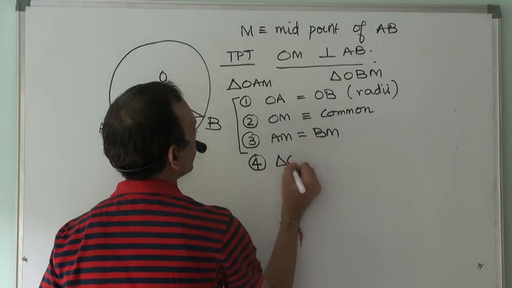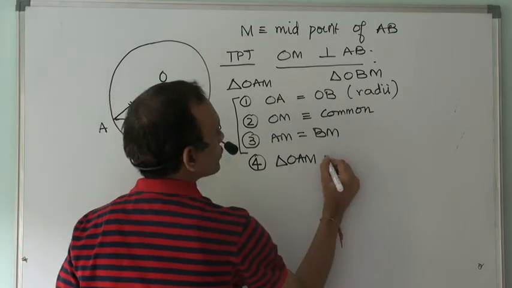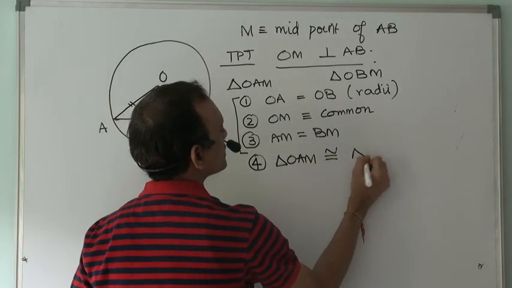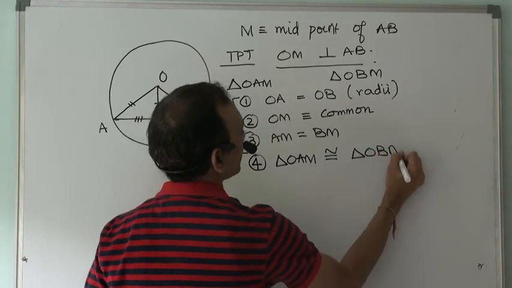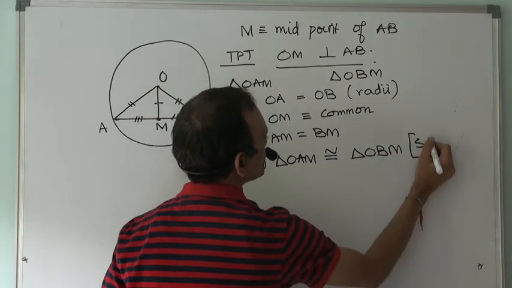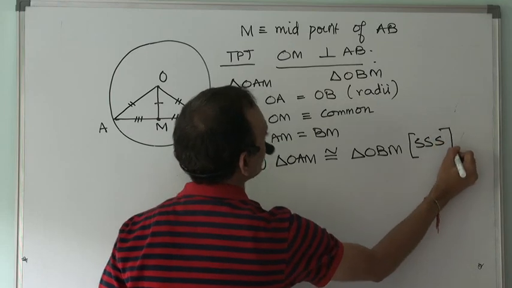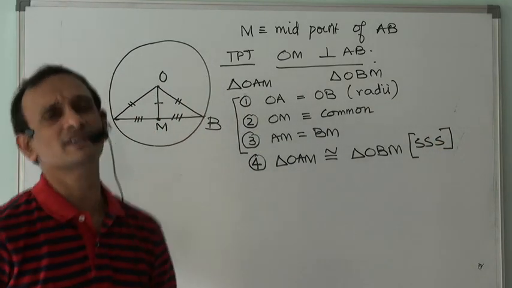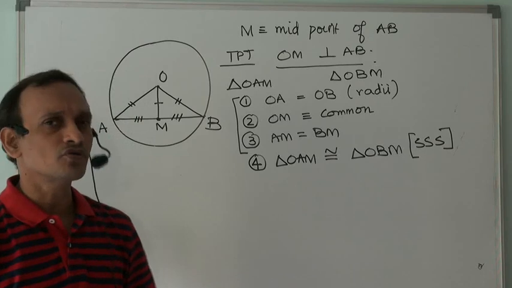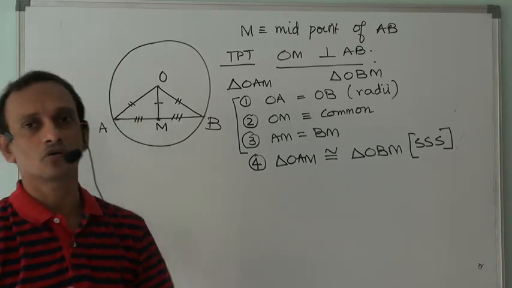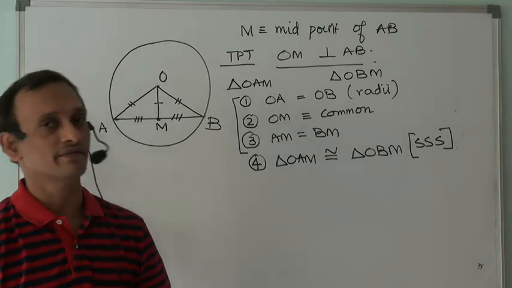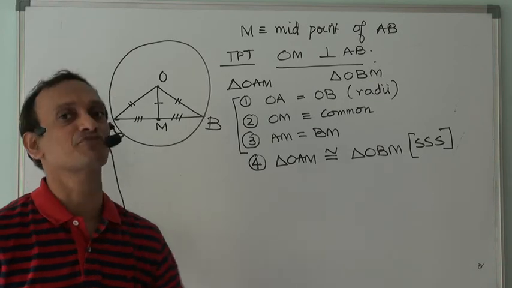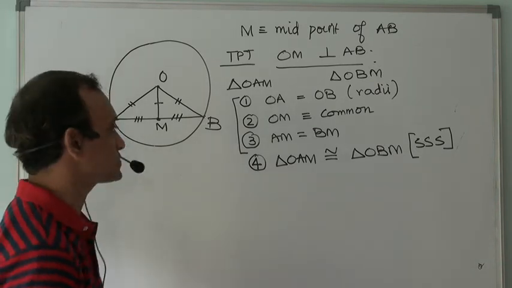That means triangle OAM is identical in all respects to triangle OBM, out of the SSS condition for congruency. Just in case congruency has got wiped off your head, go back to our earlier classes and refer to conditions for congruency. Get afresh before you embark on mission circles, right?